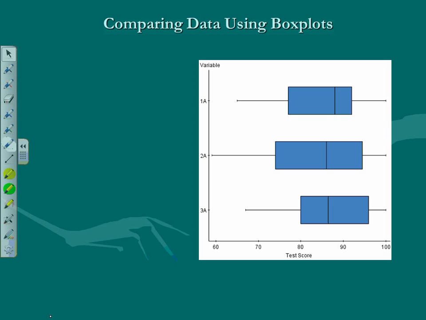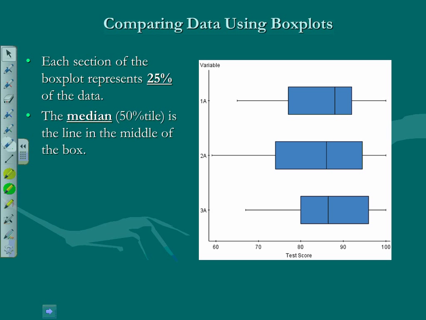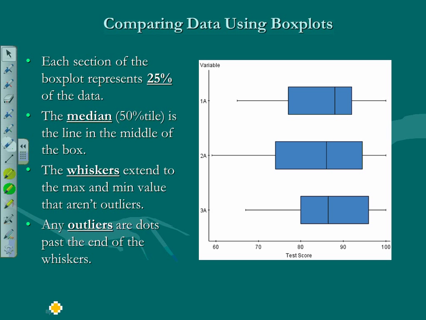Okay? Here's a box plot. There are 3 box plots here. These are the test scores of Ms. Hall's first, second, and third period classes from the last test. Okay? What it shows is a bunch of things. It shows how your data is kind of distributed, so almost similar to a histogram.